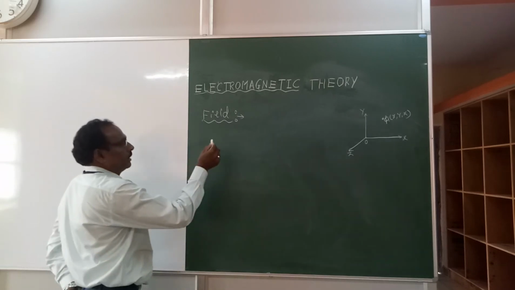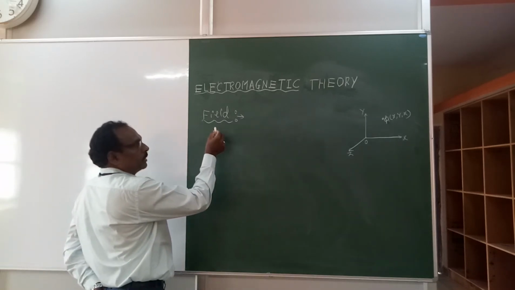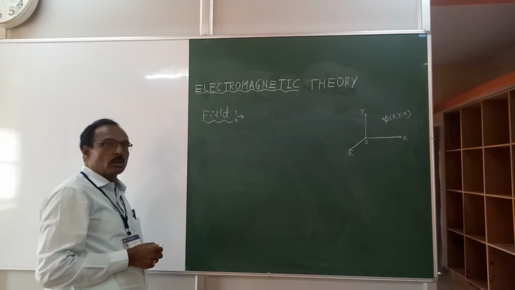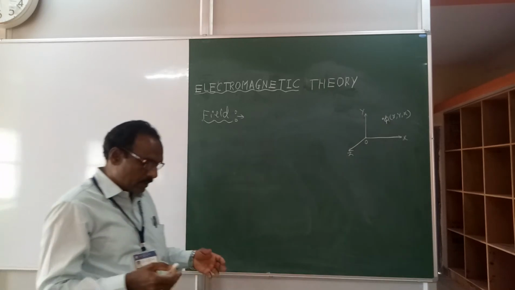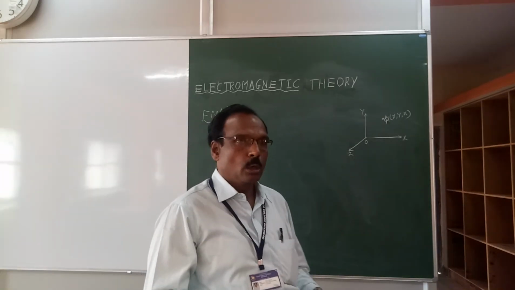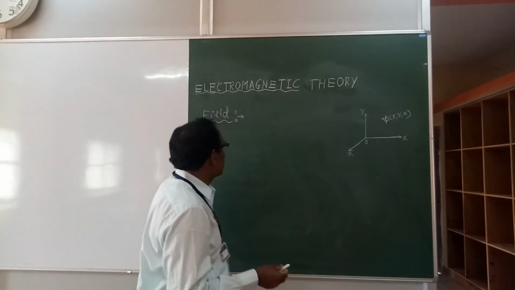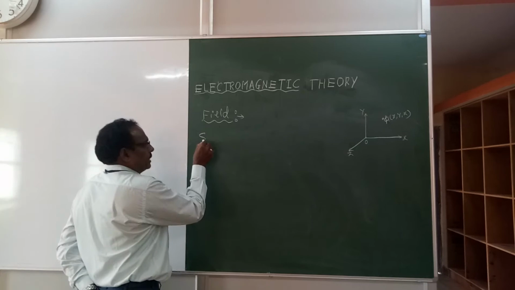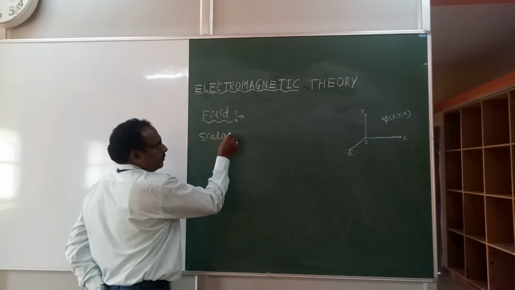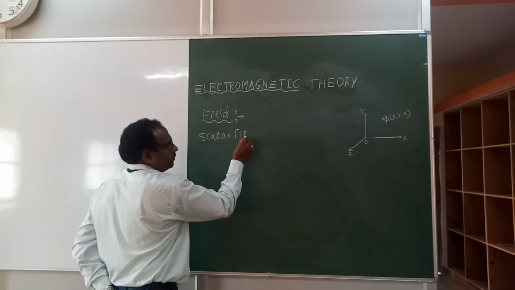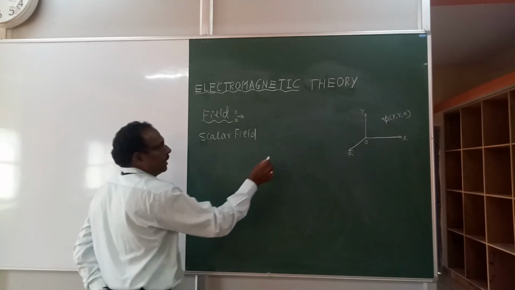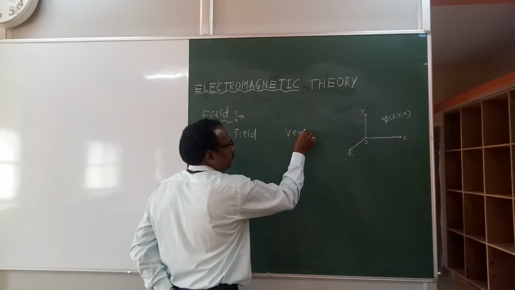And we know, depending upon the physical quantity, I mean a scalar quantity or a vector quantity, we have two types of fields: a scalar field and a vector field.